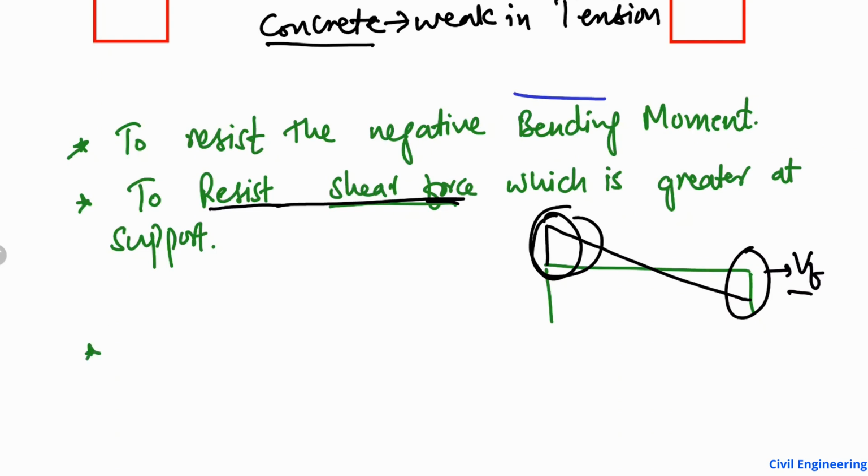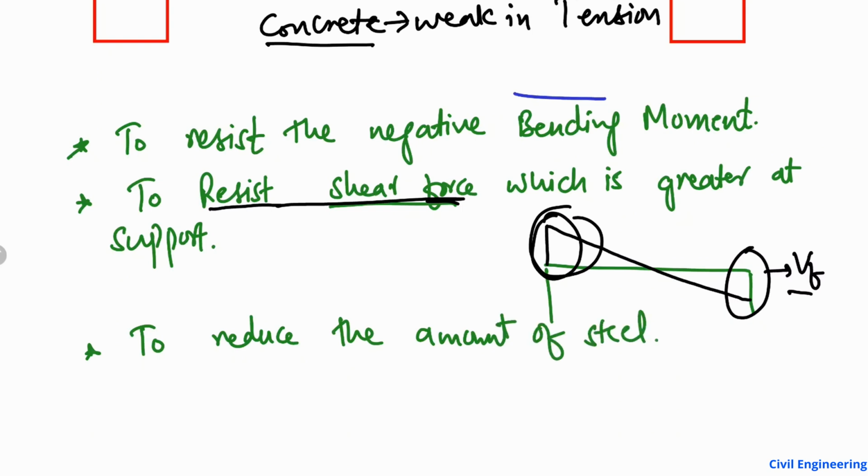The other one is to reduce the amount of steel reinforcement. So here you see that we provide the crank bar. It goes in the beam section in this zone, and then it's bent and goes into the upper region.